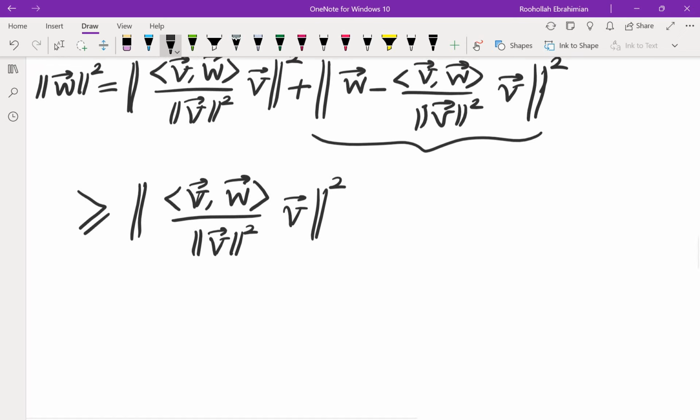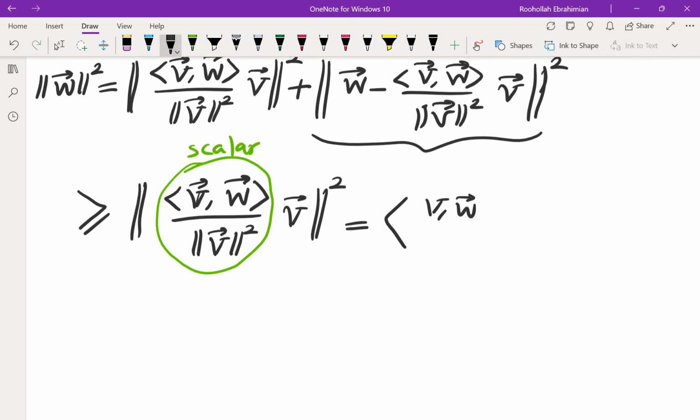Now, this is a scalar again. This quantity here is a scalar. So if you write this down as the inner product of this vector with itself, you will get the inner product of v and w, the inner product of v and w divided by the norm of v squared, v, and itself.